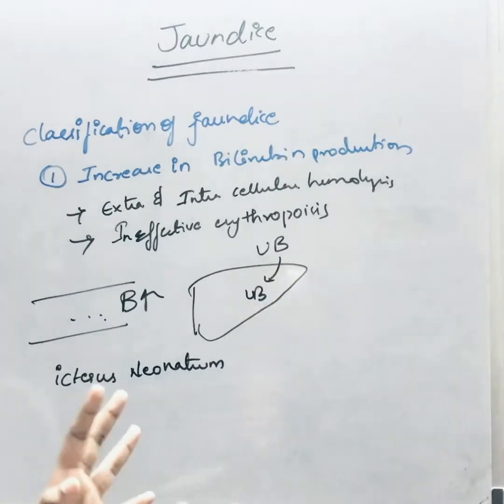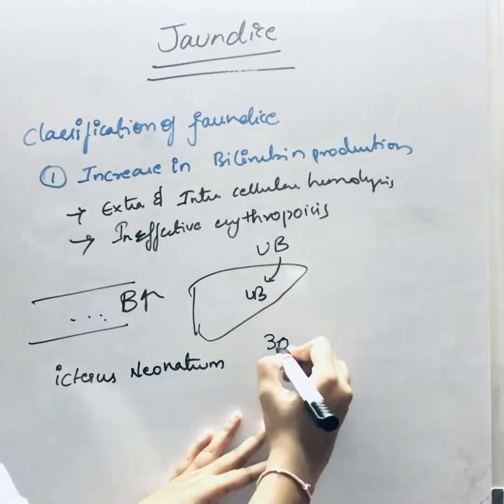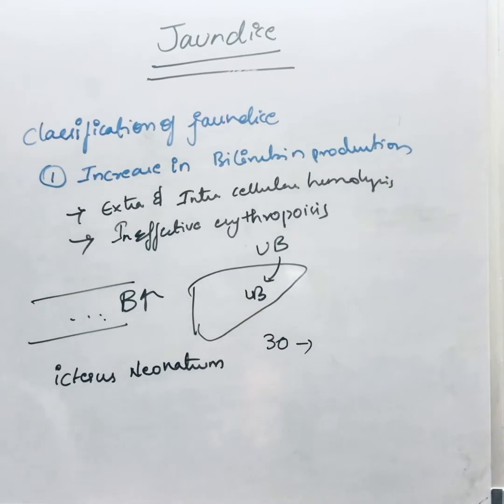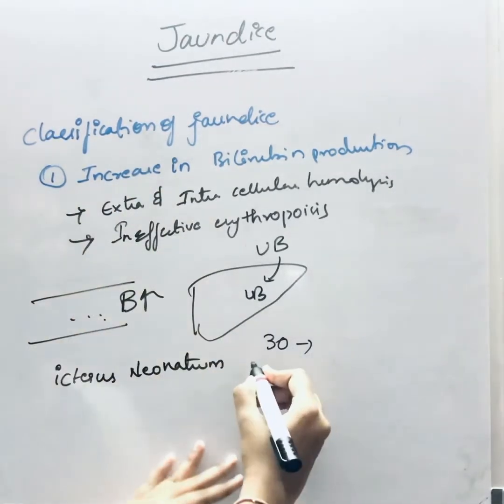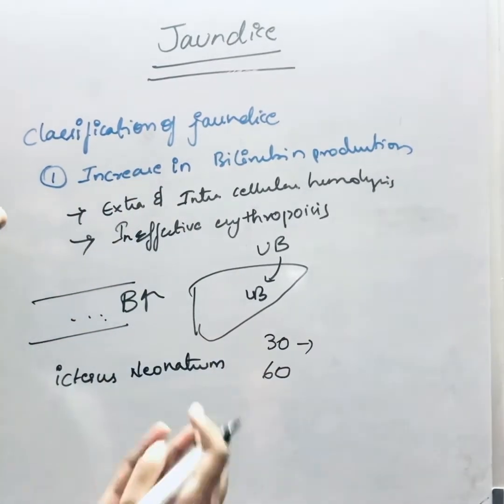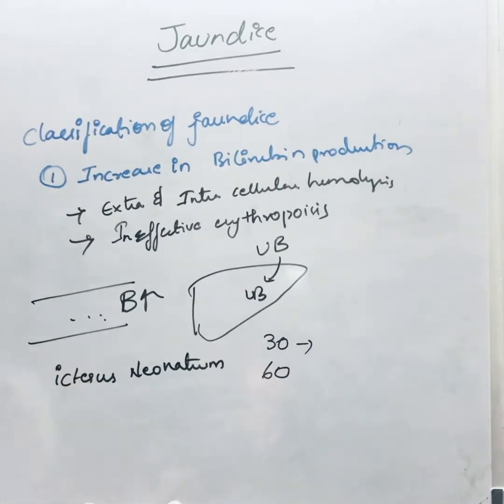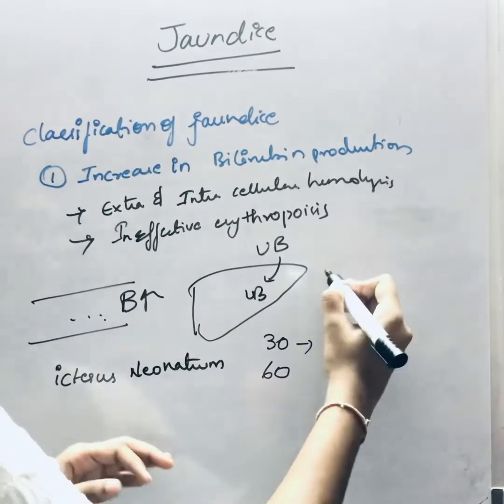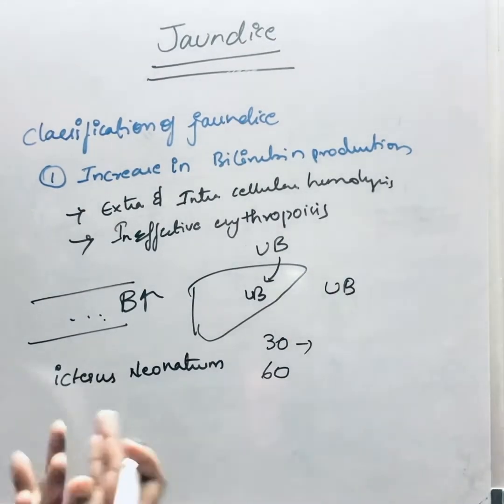For example, if the liver can produce only 30 conjugated bilirubin, but because of this reason we get 60 unconjugated bilirubin, our liver doesn't have the capacity to convert it. Because of that reason the unconjugated bilirubin is increased in our blood.